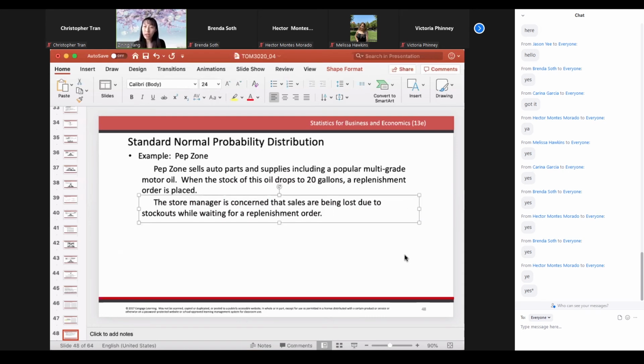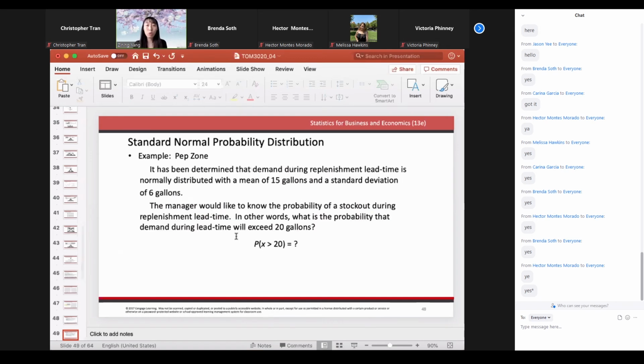If there's a low chance, if only 1% of the time you can't meet the customer's need, that's okay. But if half of the time you can't meet their need, then there's a huge problem. So the manager would like to know the probability of a stock out during this waiting time. In other words, what is the probability that demand exceeds 20 gallons during this 3-day period?